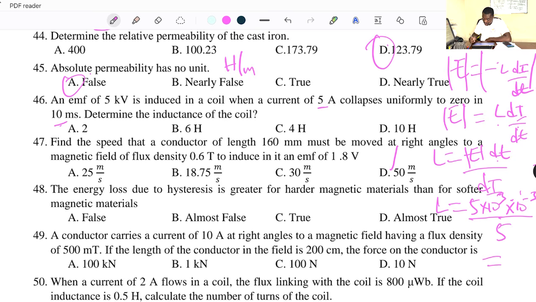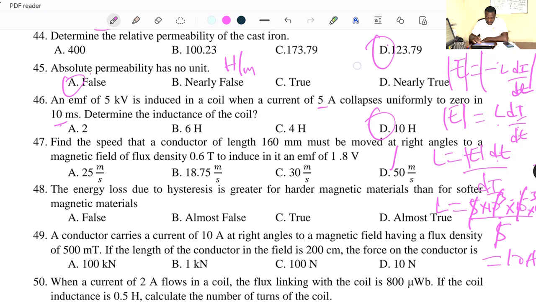So we have, this will cancel this, right? Time is 10 milli, right? So times 10. So here 10 we will cancel out. So we just have 10. So we have 10 Henries, right? So the answer here is 10.